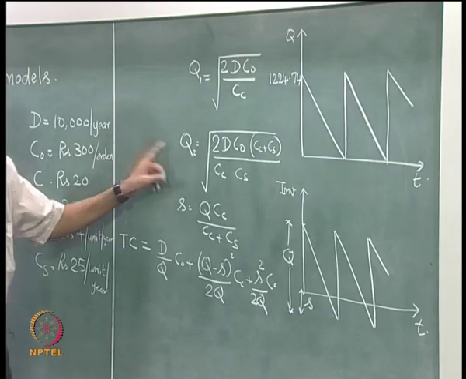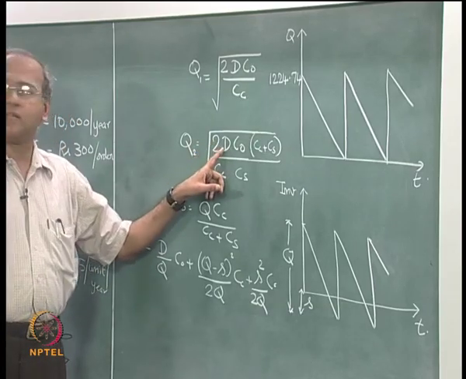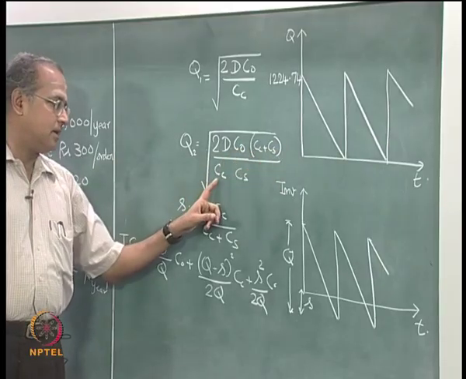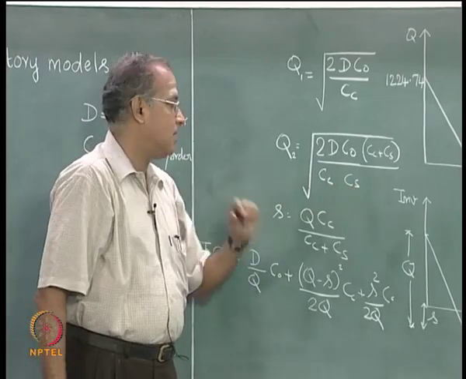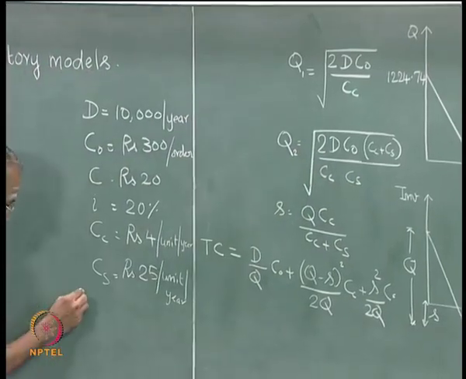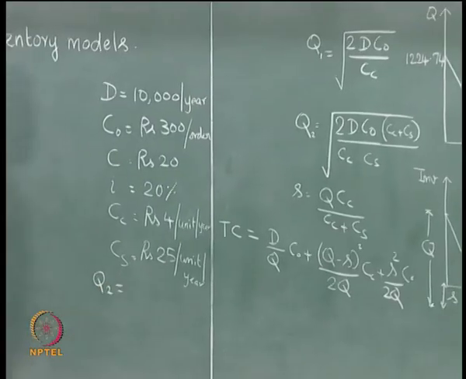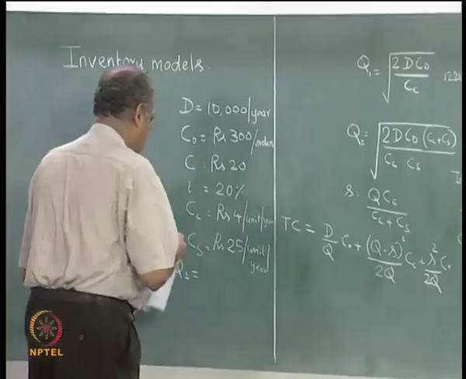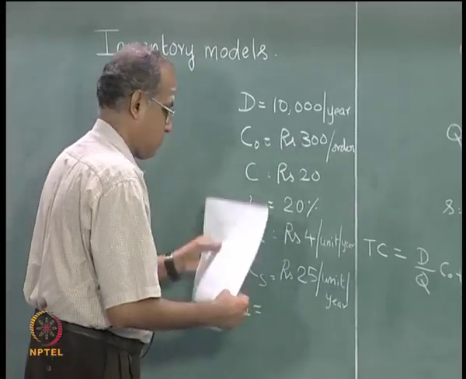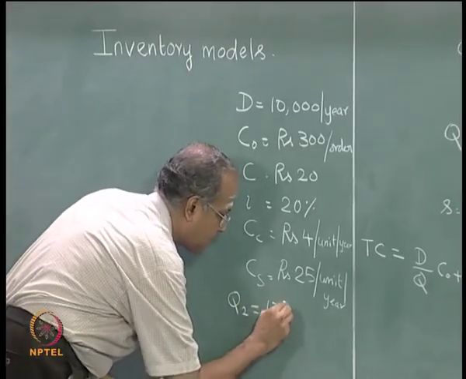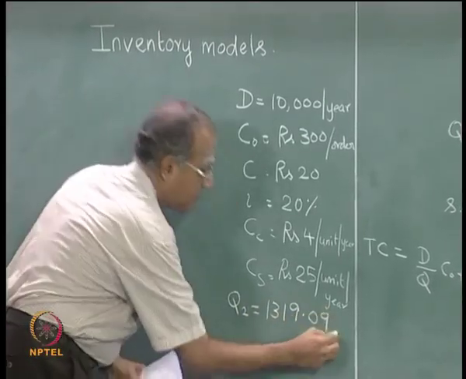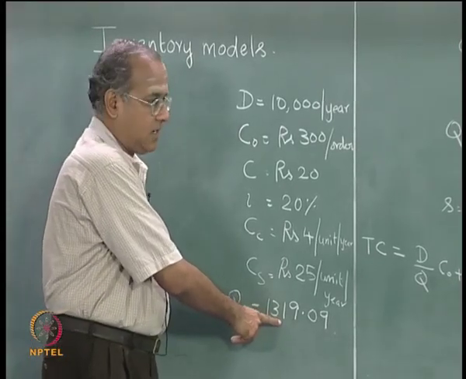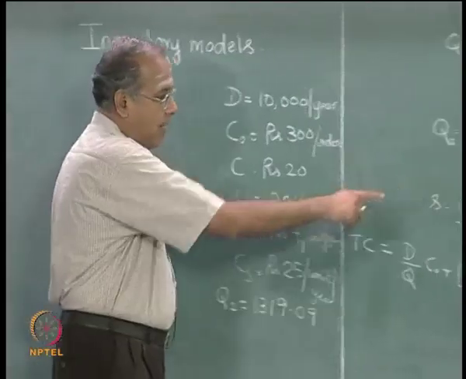So, we compute Q2, we know all the values: 2 into 10,000 into 300, 4 plus 25 divided by 4 into 25. So, this on computation would give us Q2 is equal to 1319.09 and once we calculate this Q 1319.09, we go back and substitute here.